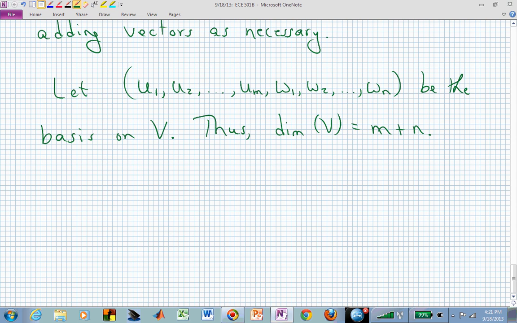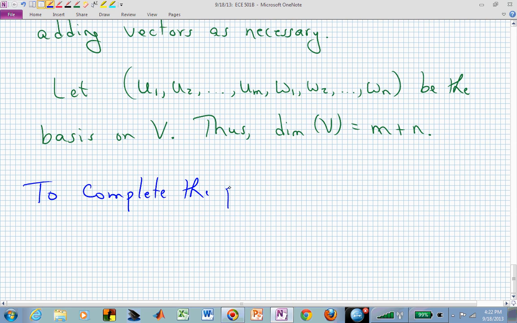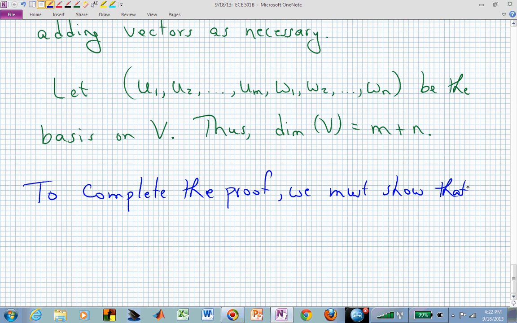So to complete the proof, we must show that the dimension of the range space of T is equal to n.